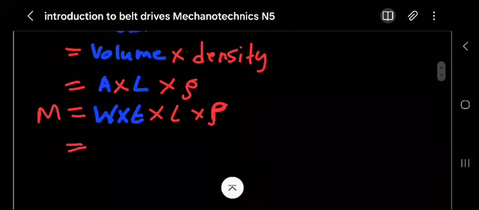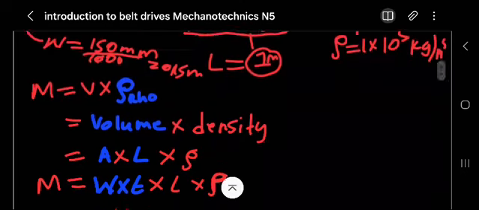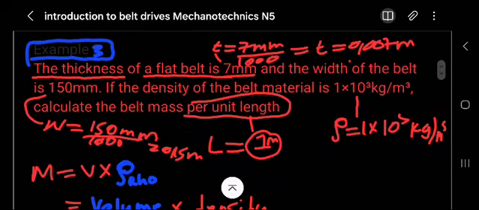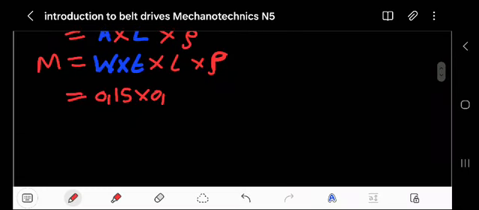So we can substitute our width, which is 0.15, multiplied by the thickness we have converted, 0.007 meter, multiplied by the length. I said always put 1 per length.